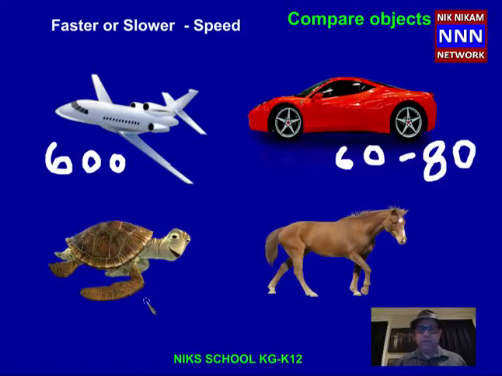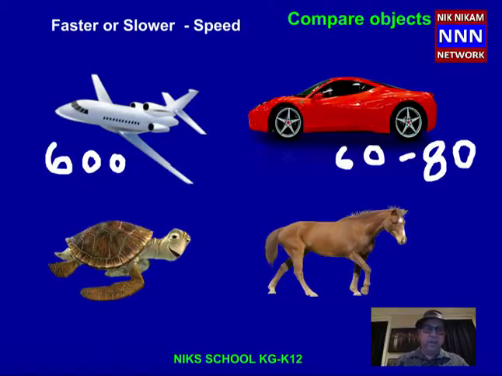You can't see it, but they have 4 legs. But the turtle goes real slow, whereas a horse can gallop. It can go so fast. So, a horse is faster than the turtle. So, this is based upon speed.